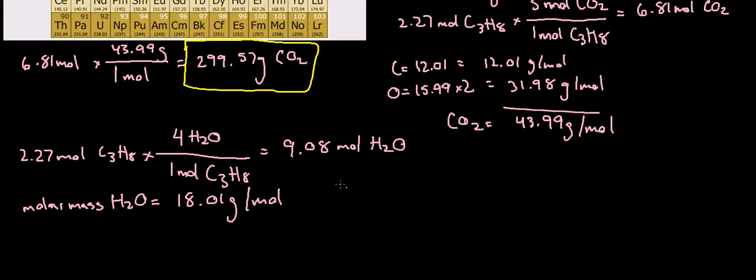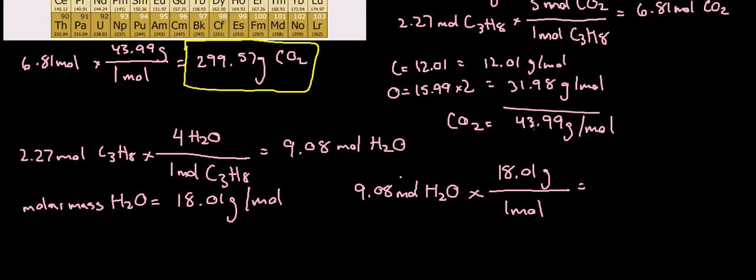Now I just use this conversion. 9.08 moles H2O. 1 mole is 18.01 grams, which would give 163.53 grams.